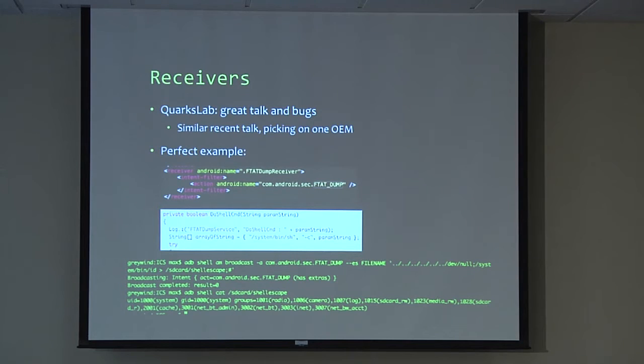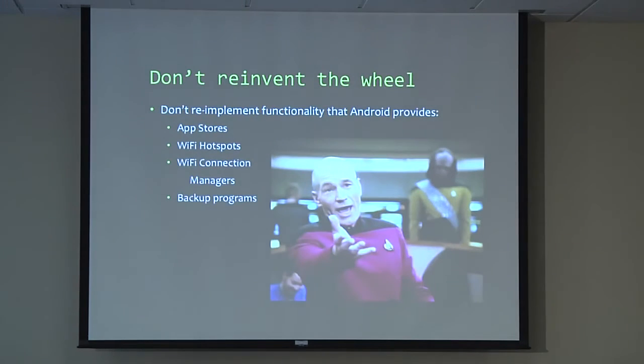So if you send a broadcast with a particular action, the intent filter gets triggered, and it handles this code, so they were able to just send the output from the legitimate command to dev null, and then they just did an example of system bin ID into a file on the SD card, and then you can read that. You can see there, if you cat SD card shell escape, you get the results of the ID command. So that was command injection from a broadcast.